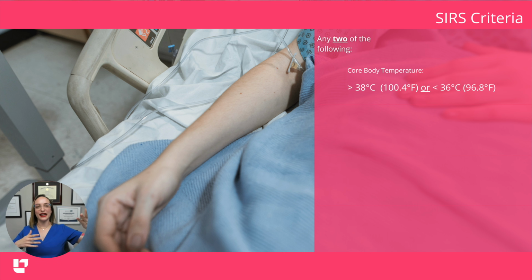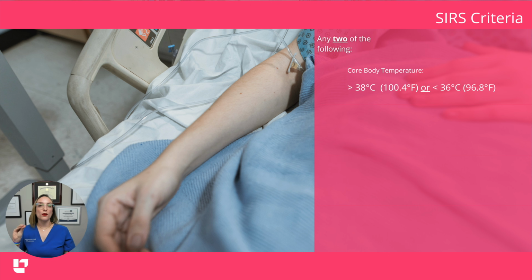Now, obviously, if my temporal reading is way above 100.4 degrees Fahrenheit, it's going to be even higher core. But core body temperature above 38 degrees Celsius, 100.4 degrees Fahrenheit, is where we draw the line for a fever. Remember, over 100.4 is a fever, or less than 36 degrees Celsius, which is 96.8 degrees Fahrenheit.